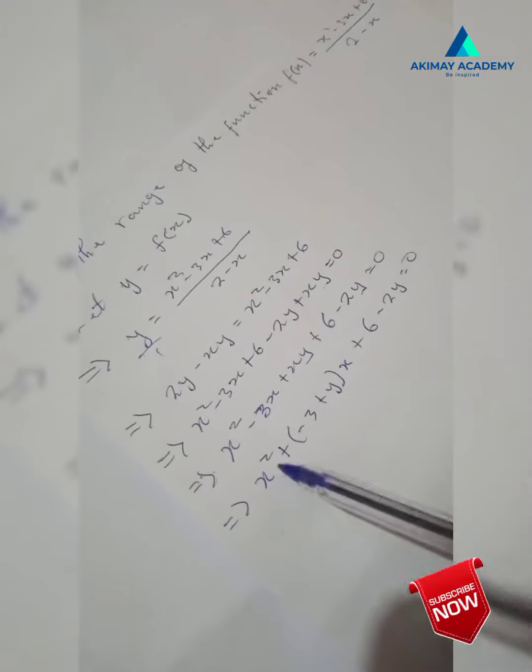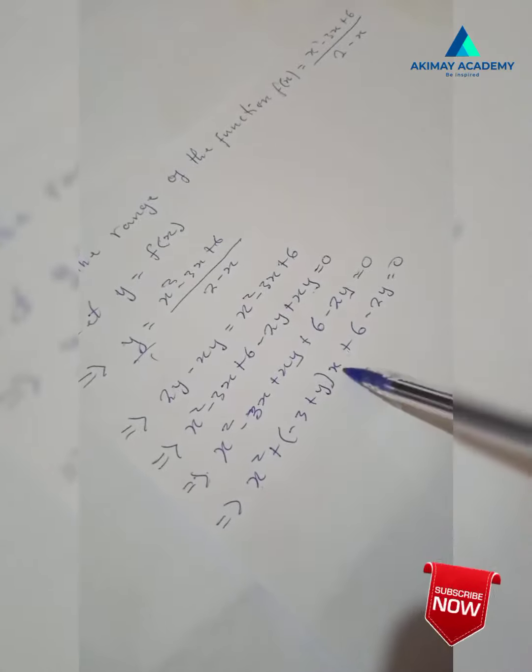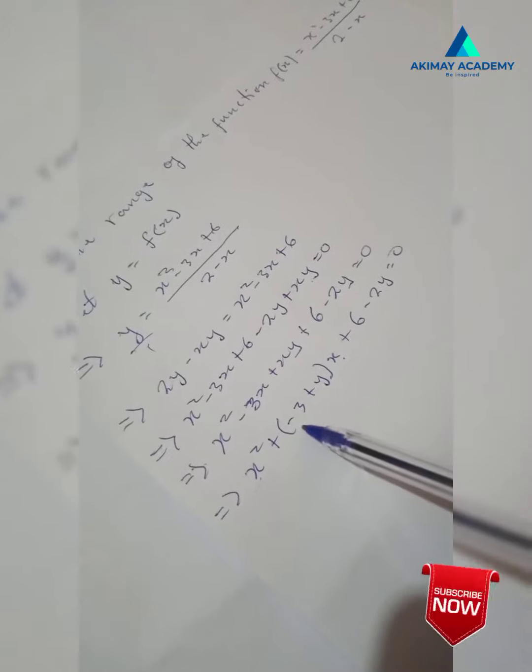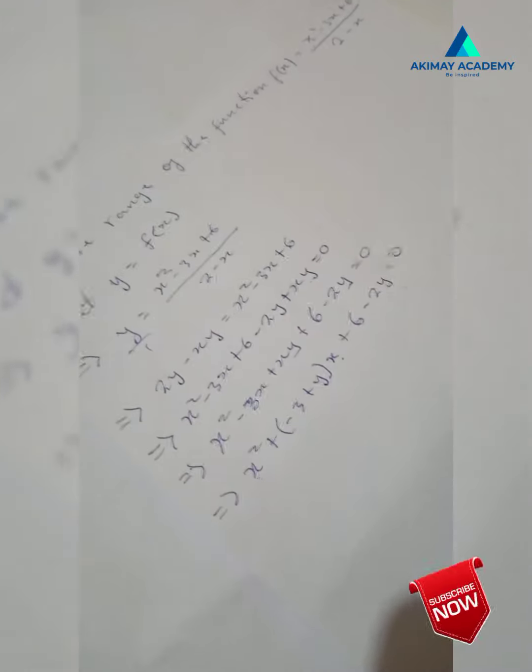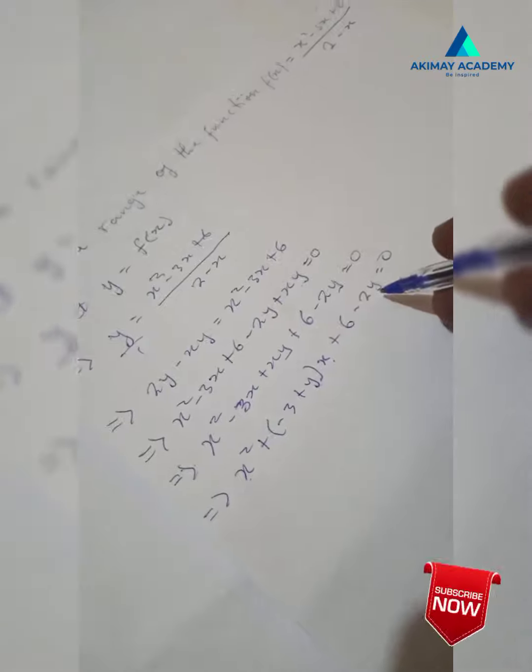So we have coefficient of x squared to be 1, coefficient of x as minus 3 plus y, then the constant over here becomes 6 minus 2y.